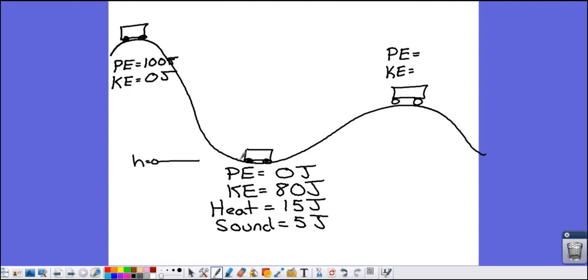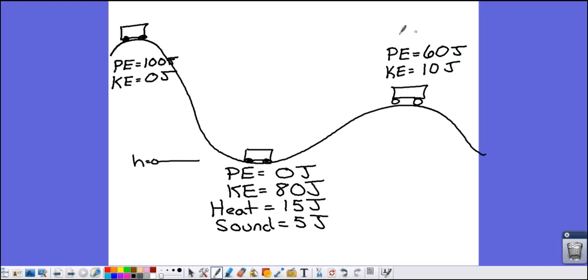Then the roller coaster continues to move along. Potential energy, well, we're back above height is 0, so that's gone up. So we're now saying we're at 60 joules there. Kinetic energy, maybe it's going to have dropped a little bit. So let's say you've only got 10 joules of kinetic energy.